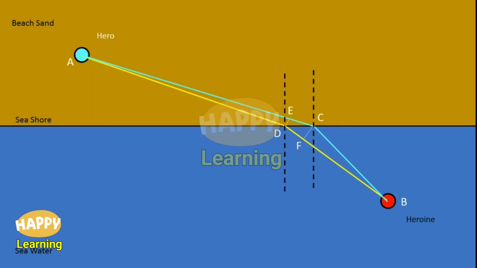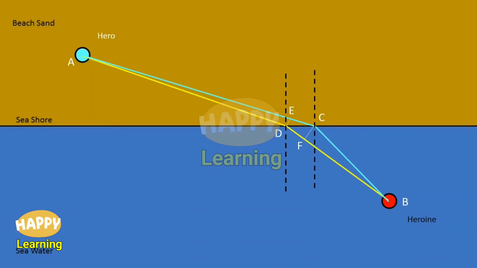So the only difference between these two paths is EC and DF. In one path, he has to run an extra distance on the sand from E to C. In the other path, he has to swim an extra distance DF in water. Let the running speed be V1.